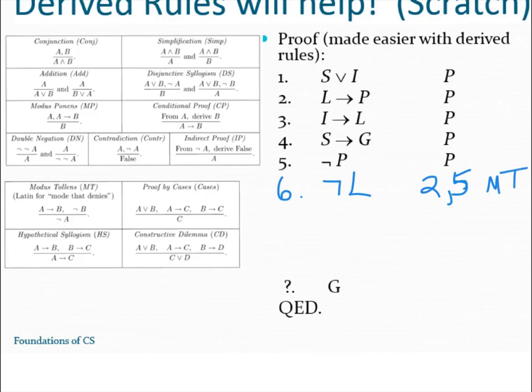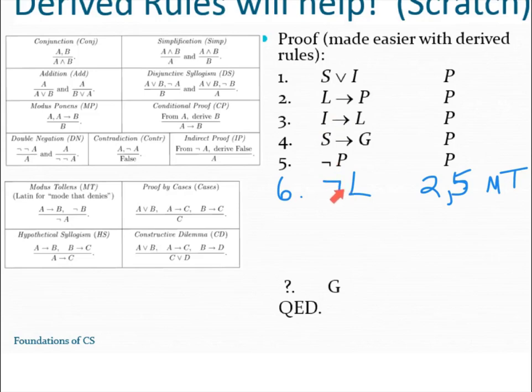Oh, and we have not L now. I'm trying to get to G, right? G is the end of my proof. And look, I have I gives me L and L gives me P, and I have a not P here, which is what I used before.